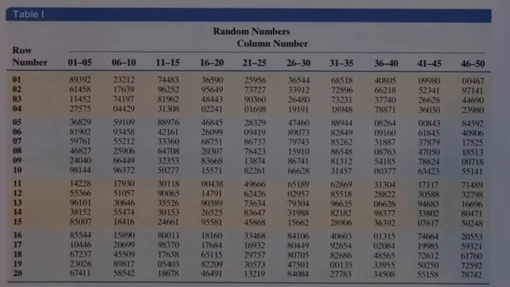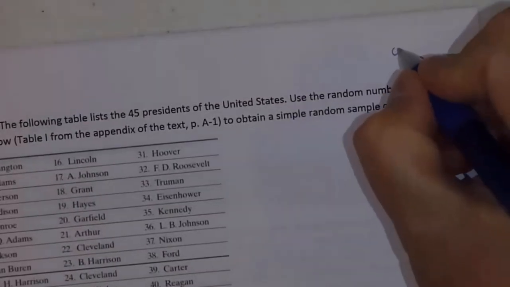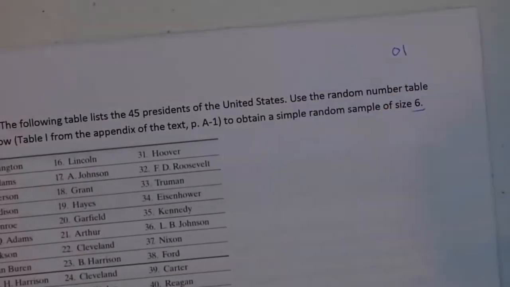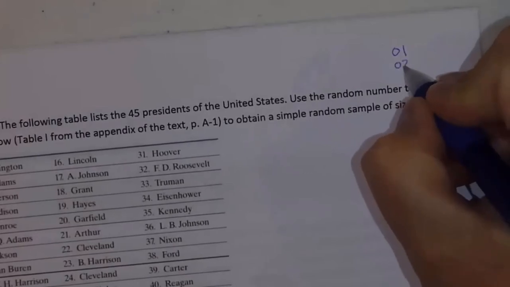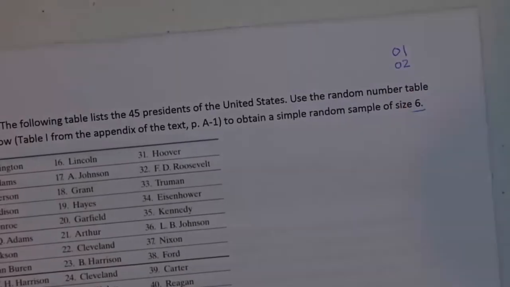Now, when I say 2-digit numbers from 1 to 45, you might say, wait a second, 1's not a 2-digit number. So what we're going to think of when we think of the number 1, since we need a 2-digit number, is the number 01. So 01 is a 2-digit number representing 1. 02 is a 2-digit number representing 2, and so on.